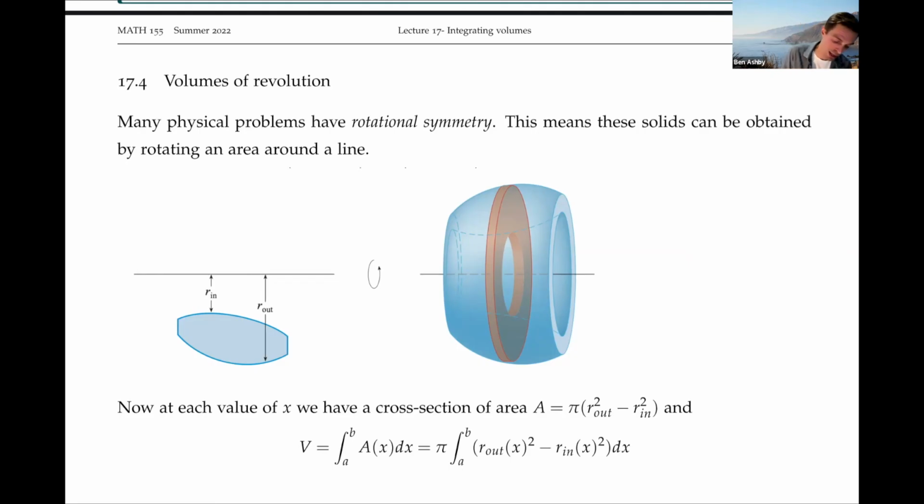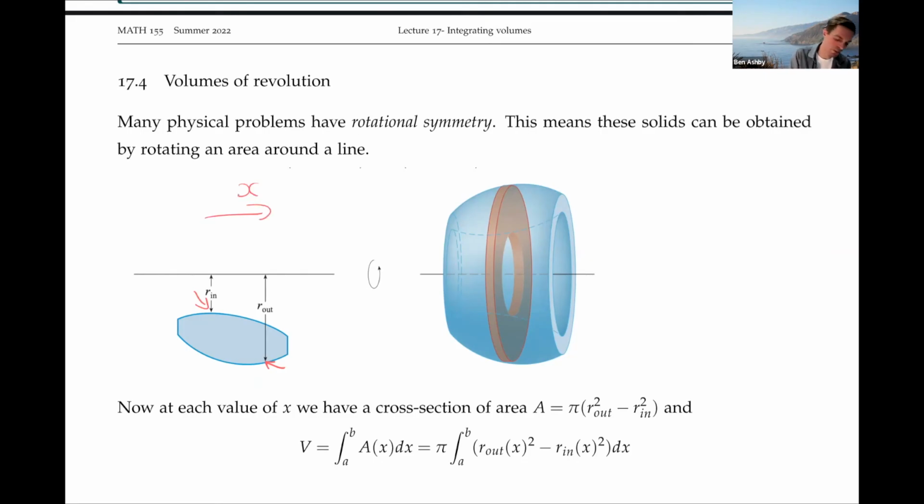So if we have, for example, a situation like this, if we look sideways on to this object on the right-hand side, we'll have something that looks like this, and we can think about the outer radius, this r out, compared to the inner radius as we move along in the x direction here.